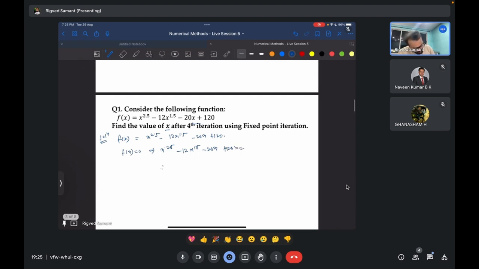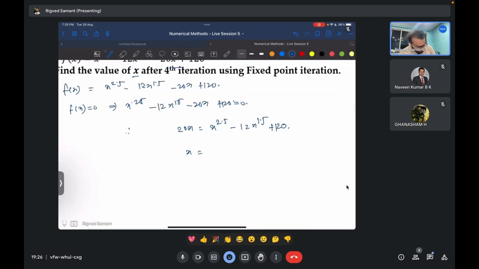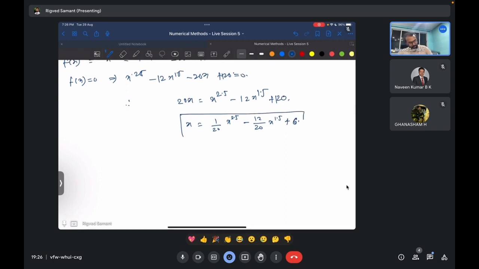I can take this 20x to the other side, so 20x is equal to x raised to 2.5 minus 12x raised to 1.5 plus 120, and divide by 20. This is one way of writing it.